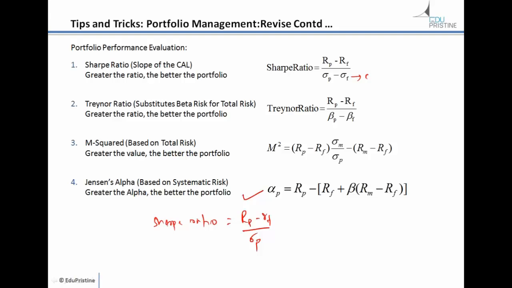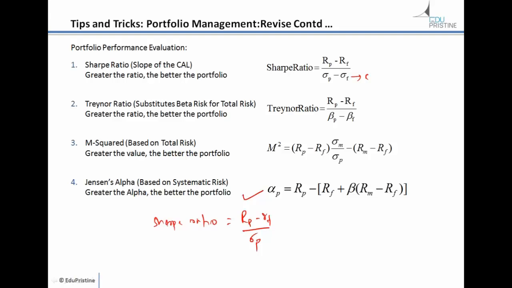So this will converge to this. This is the formula which is usually given in Schweser or in most of the books. Similarly, for the Treynor ratio, I have Rp minus Rf upon beta p, because beta f will again be equal to 0 for a risk-free asset. It has no dependency on the market portfolio, which means beta is 0.